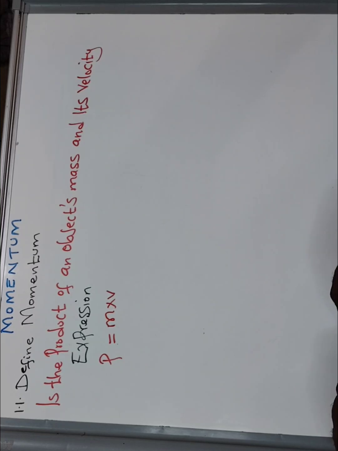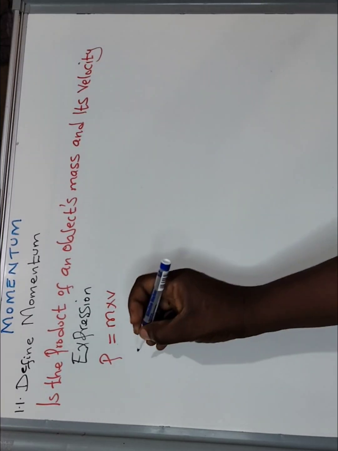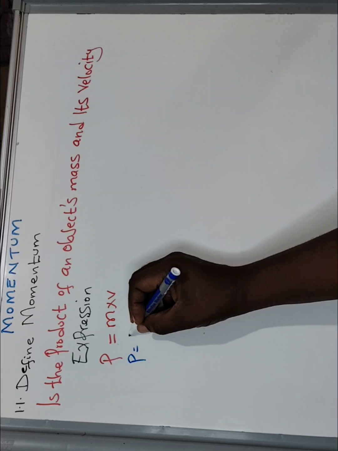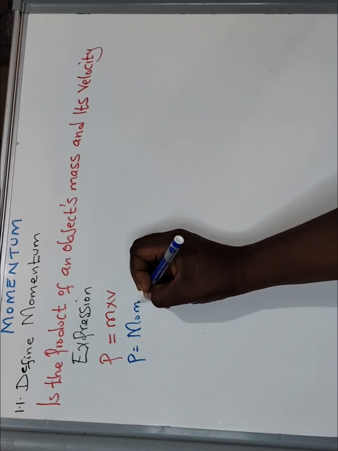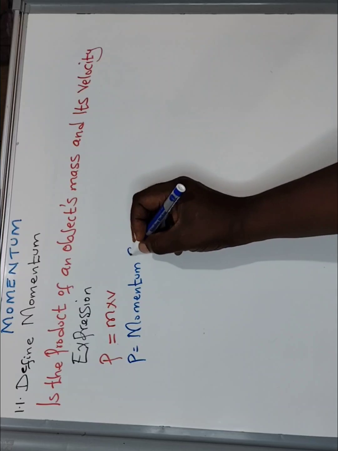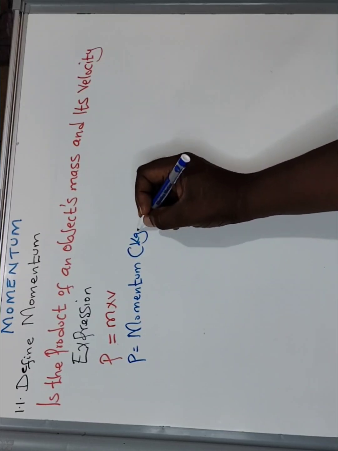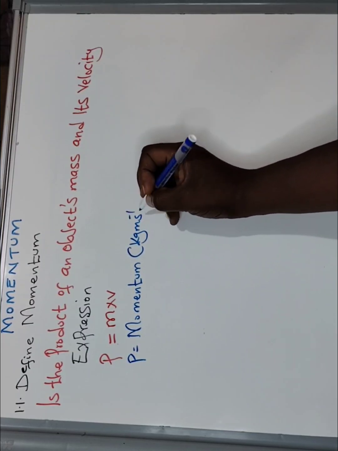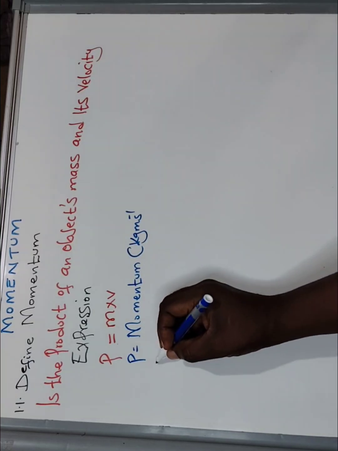From here you have to recall that P is the momentum, and it's given in kilogram meters per second.